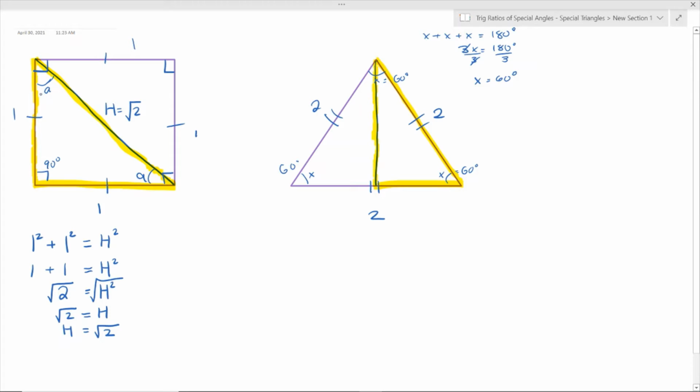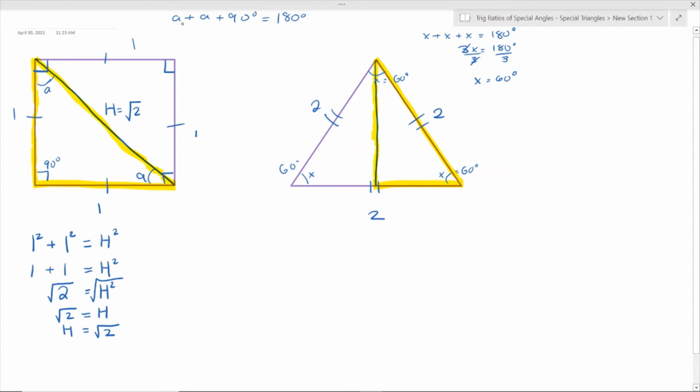and what we're going to do is we're going to add this A with the 90 degrees, and we are going to recognize that the sum of these angles is going to be 180 degrees, because the sum of the angles in a triangle adds up to be 180 degrees. So I'm going to do that. So A plus 90 degrees basically gives 180 degrees.